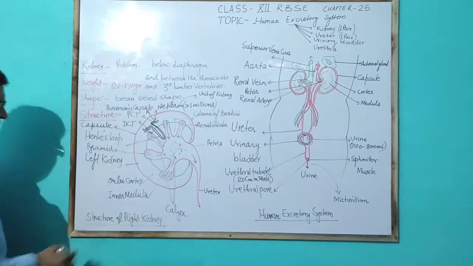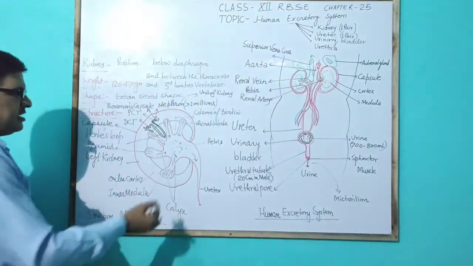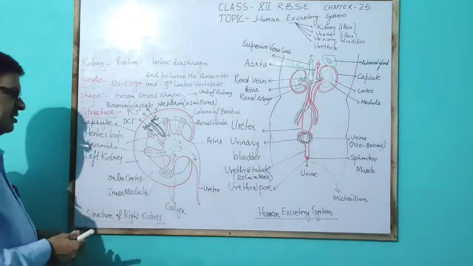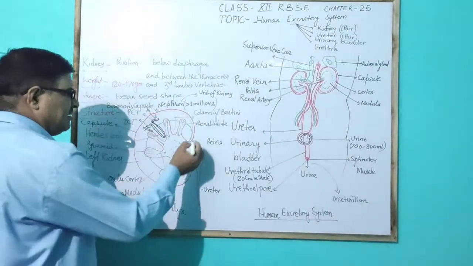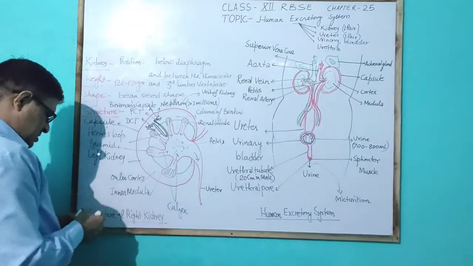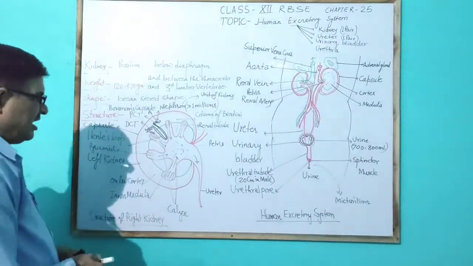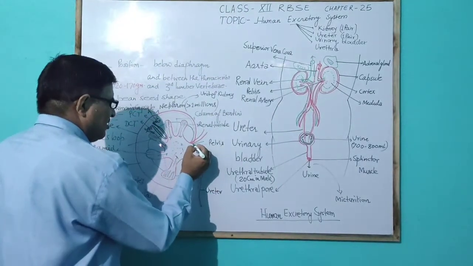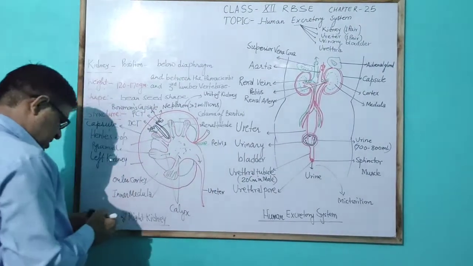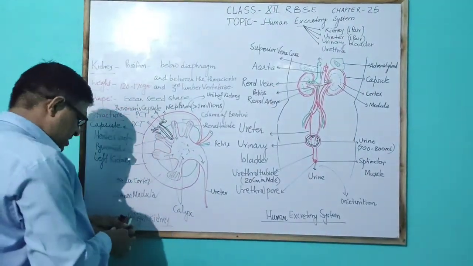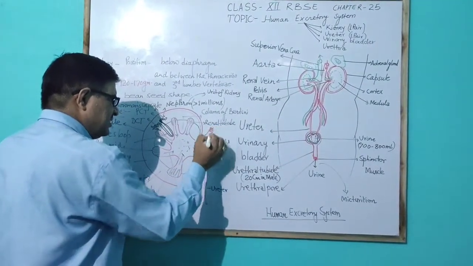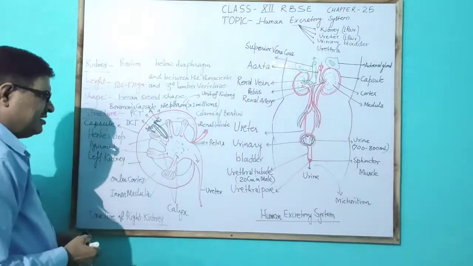a convex part at the right side and a concave part, from where generally the ureter and the renal vein come out, which takes the blood outside, and the renal artery enters. The renal vein takes the blood outside and the renal artery provides the blood to the kidney.